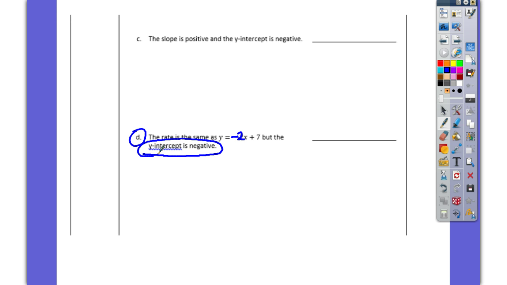So what do I need to do? So we want a -2x, then what? And the intercept is negative, so -7. Done, right? No. Good answer. No. Why not? You need y equals. Very good.